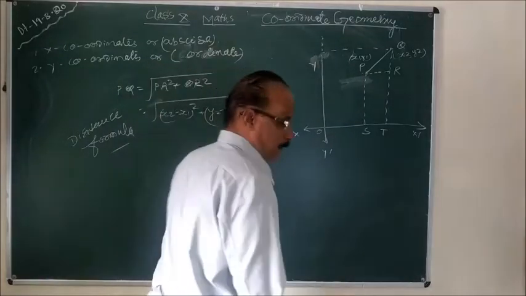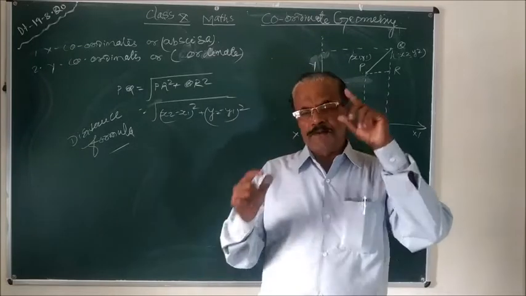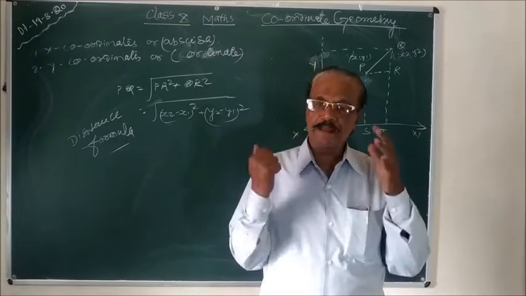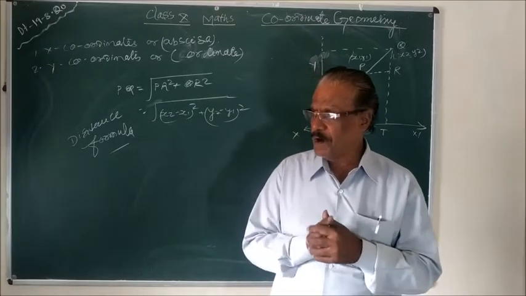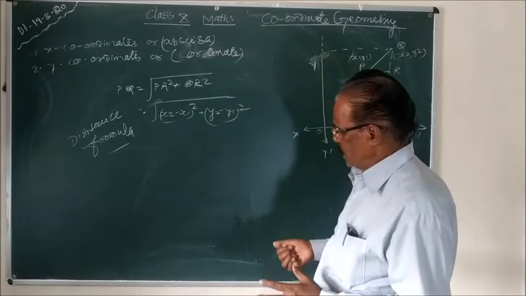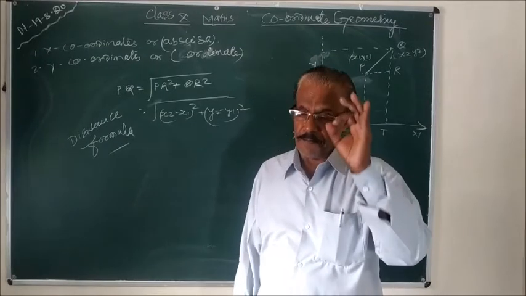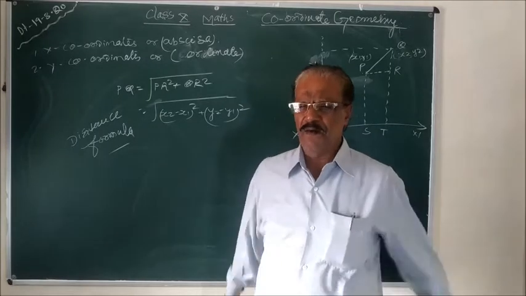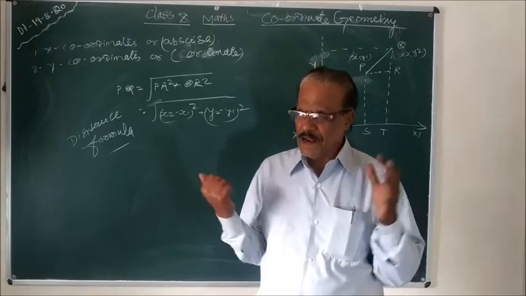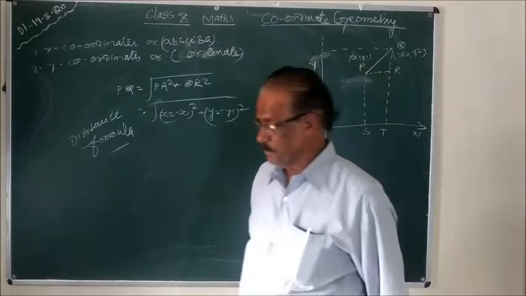So with the help of longitude and latitude, we are in a position to find out where a place is situated in the world. Similarly, in a plane, if we want to find the position of a point, where the point is situated in the plane, we can learn all this in coordinate geometry.